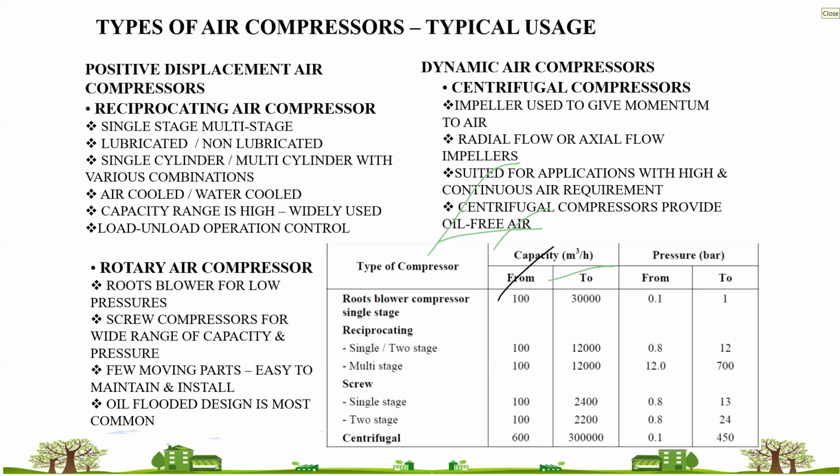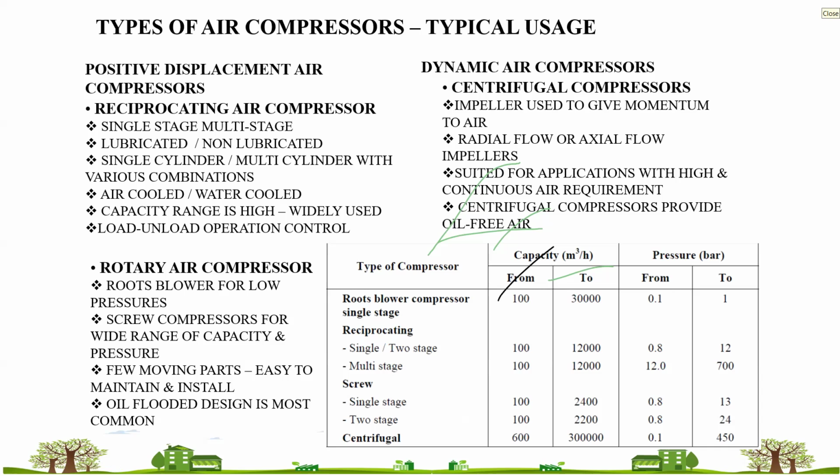Those can further be water cooled or air cooled. In screw compressors there can also be multiple stages of screws. One can deliver 6 bar, which is further compressed to 12 bar, 13 bar. That will be a two-stage compressor.